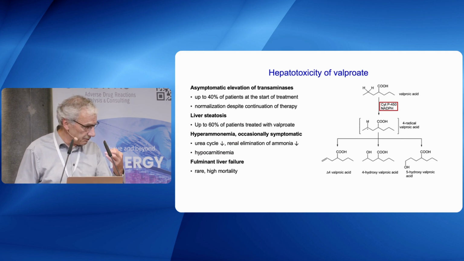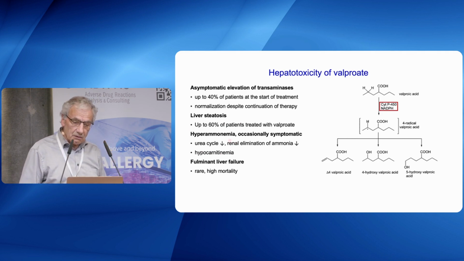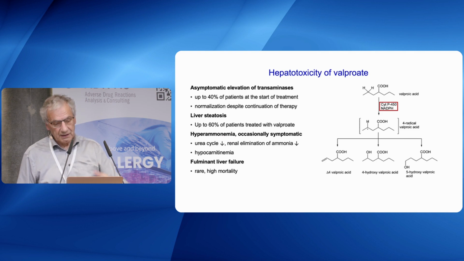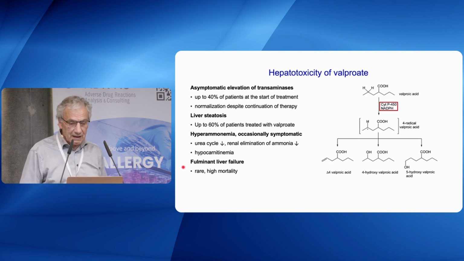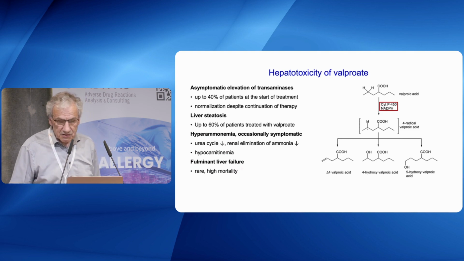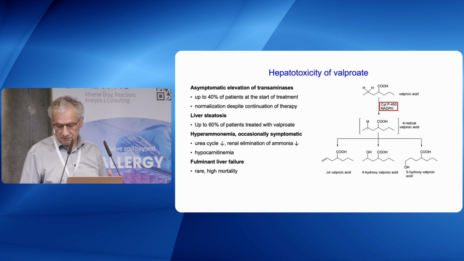This is at therapeutic dose, and also when we have very high doses. And at therapeutic dose is the fulminant liver failure. And you see here just a small part of the metabolism of valproic acid. Usually valproic acid is metabolized by glucuronidation here at the carboxyl group.